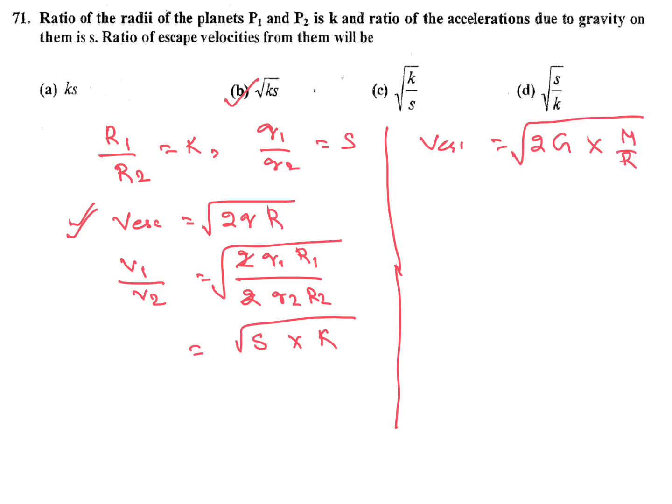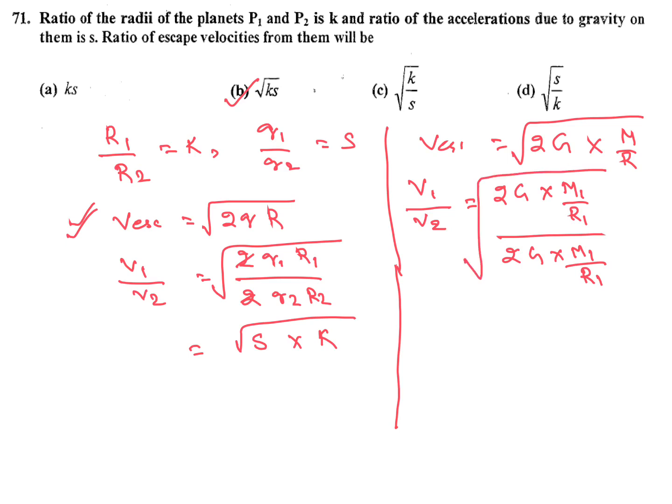If you put this one, v1 by v2, let G be same, 2G divided by 2G, M if same, this is R2, we will get root over G1 by G2 into R2 by R1.